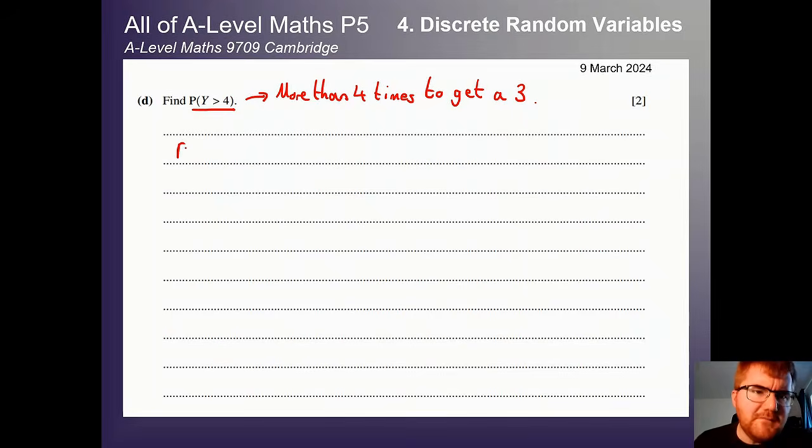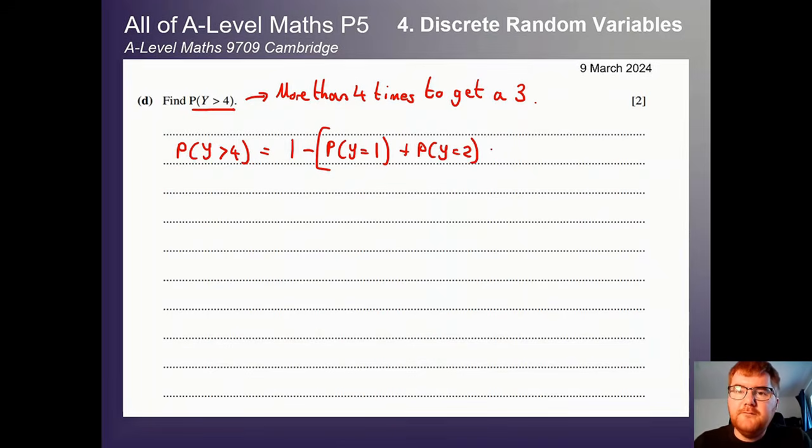So the probability of Y greater than 4 is the same as 1 minus the probability of Y equals 1, plus the probability of Y being 2, the probability of Y being 3, and don't forget we also have to add in the probability of Y being 4, because we're looking for greater than 4 here.